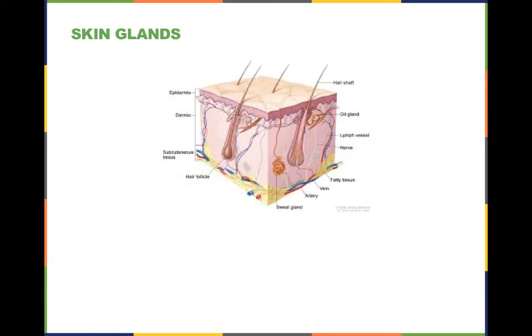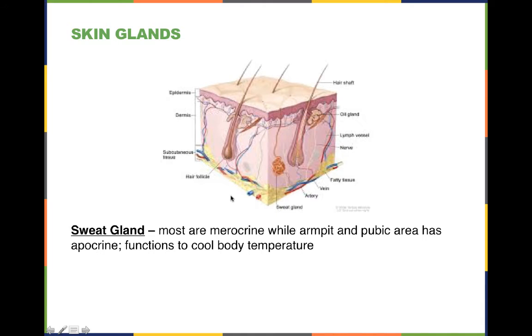And then we can talk about the skin glands. We've mentioned these a couple of times already, but here's the sweat gland, and here are the sebaceous glands. The sweat gland is a merocrine gland in most cases, which means it does not lose any of the cell itself.